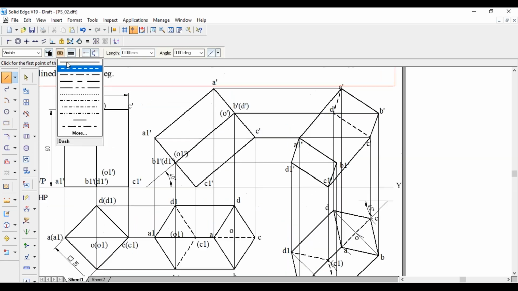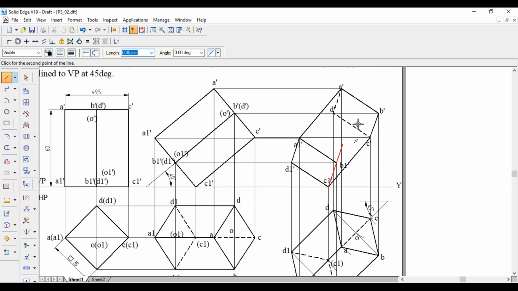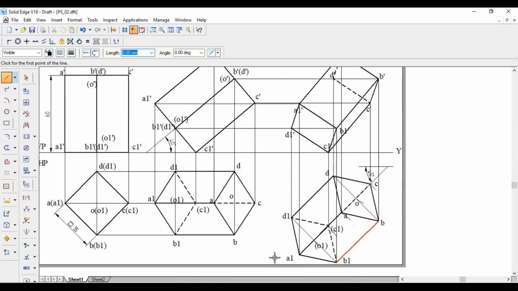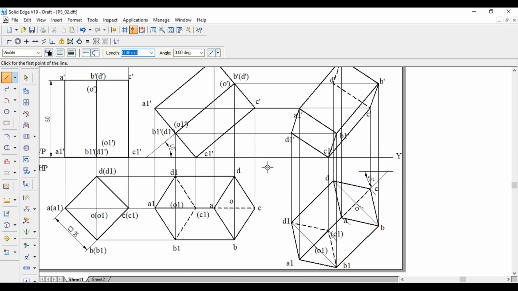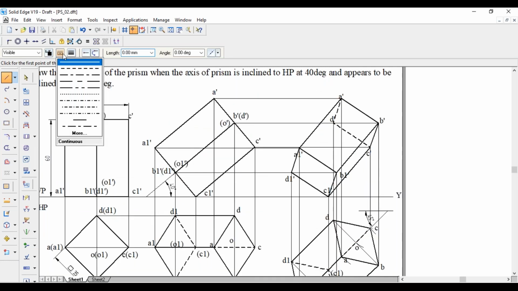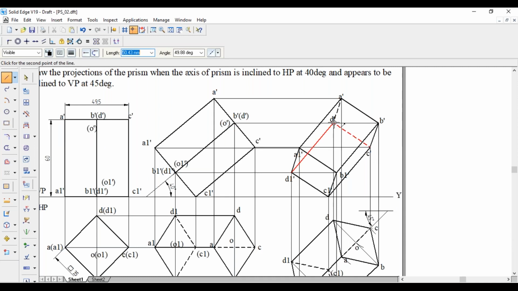Whereas DD1 is this one. If you see from this side, it is invisible. So DD1 with a dotted line. As D dash is made up of dotted lines, it is invisible. Write that one in the bracket, D dash.